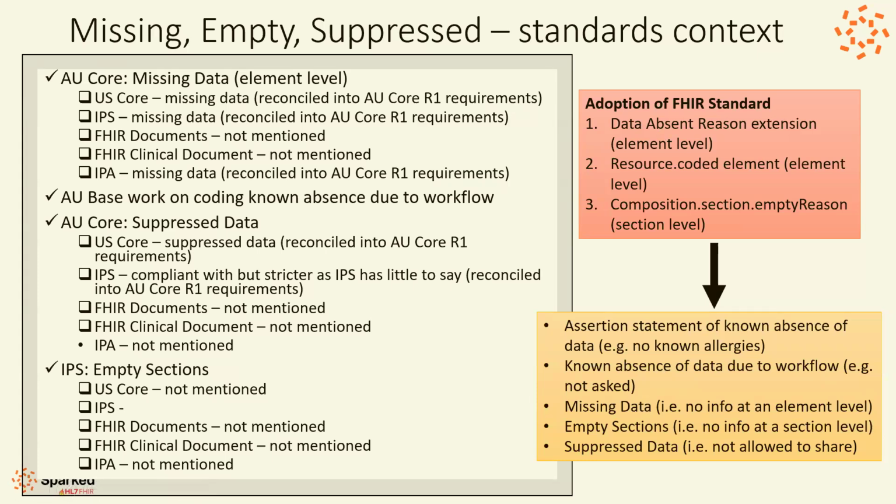So what we're going to be putting forward is to say, if you have this, here's how you say that, so that producing systems and receiving systems can be clear around where they are saying, I don't have this, and I'm not actually telling you it's due to an absence of data or anything else like that, or where you're actually saying, of which there are a whole number of requirements, things around saying the patient has no current medications. So that's really what we're doing, is providing the guidance on how to use these standard FHIR elements in order to do that.